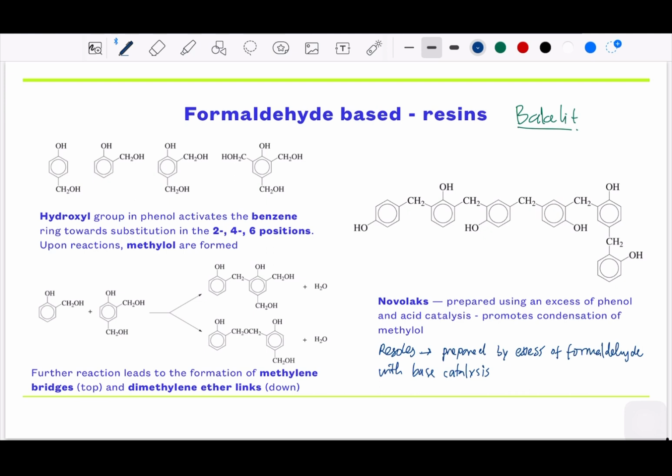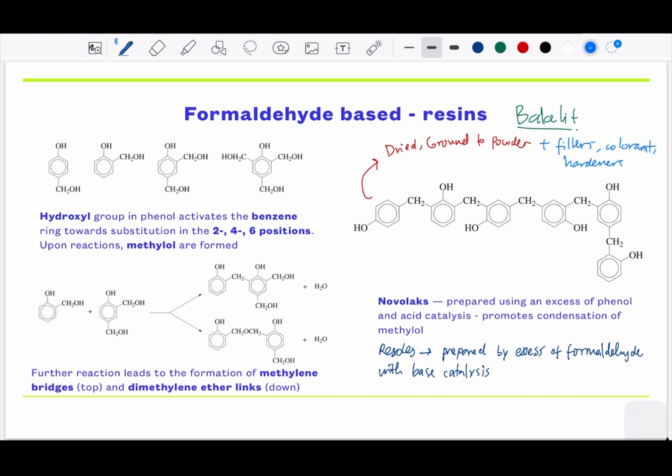So normally this novolac will be dried and ground to powder. So it's going to be in a powder state, and then we add fillers like glass fibers, mica, glass, and then add colorant and hardeners.